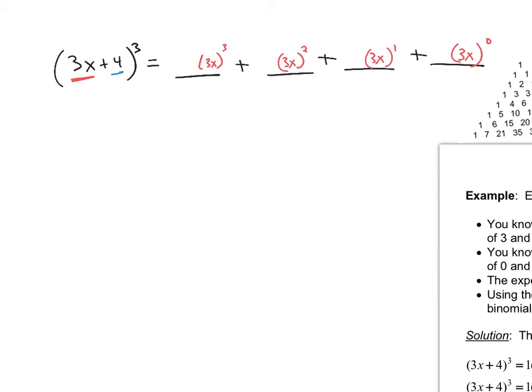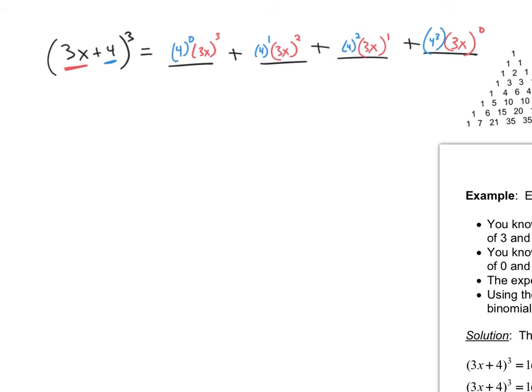Then I'm going to look at the 4, and I can either go right to left or left to right. This time I'll just do it over here. This is 4 to the 0 power. Then this is 4 to the 1 power, 4 to the 2nd power, 4 to the 3rd power. And then for the coefficients, I'm going to look at my triangle.